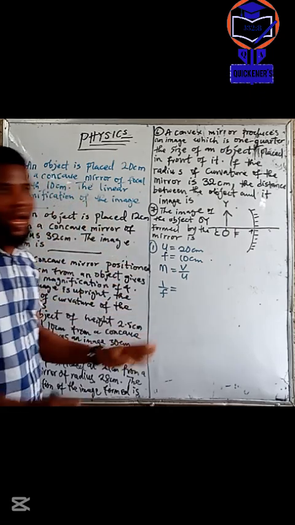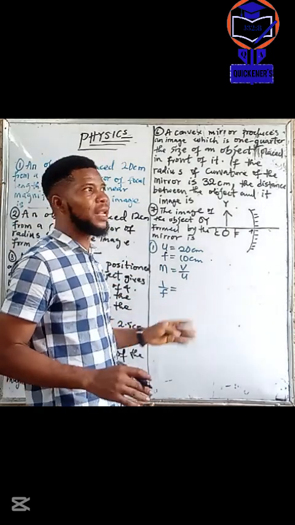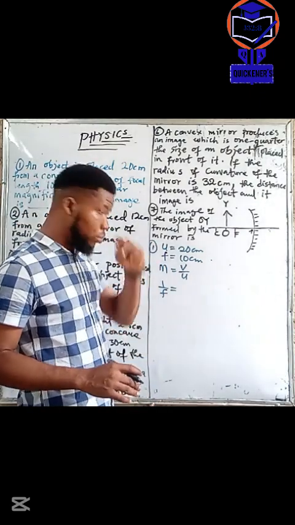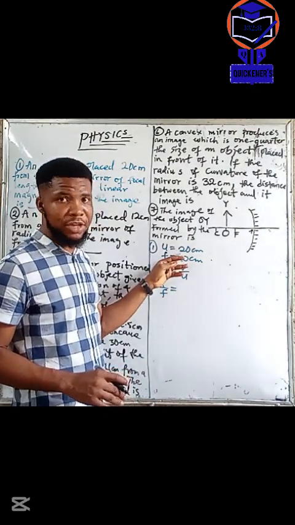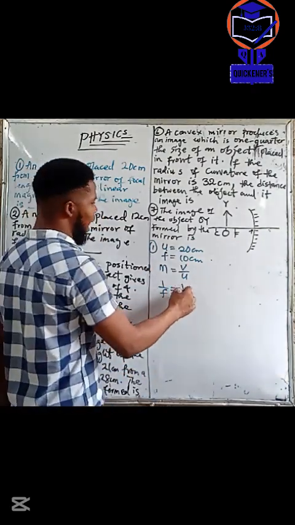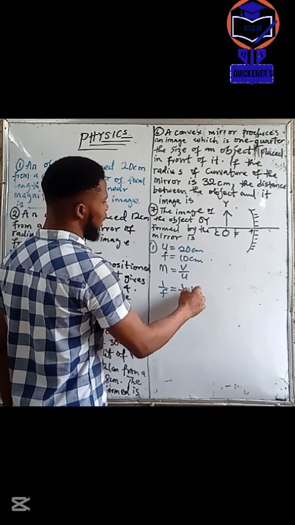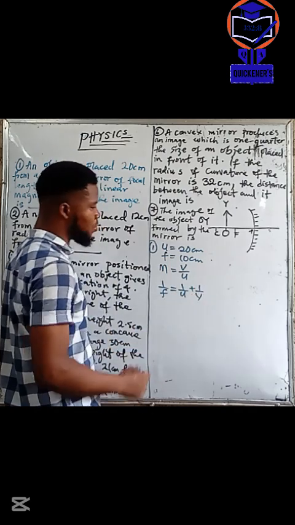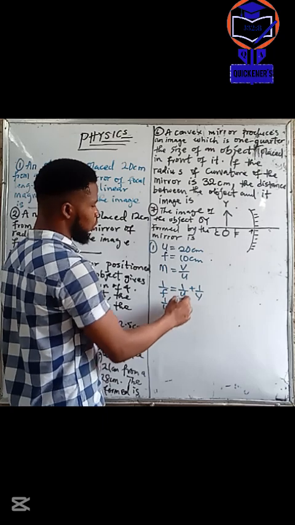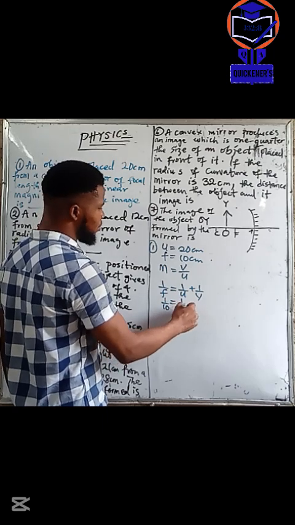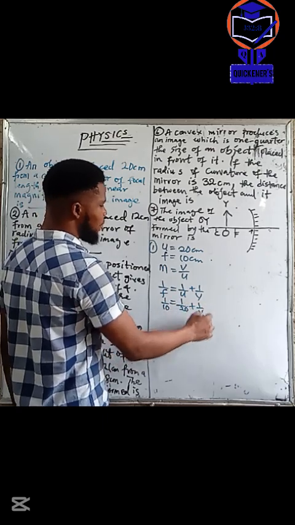Remember, for a concave mirror, everything is real, okay? The focal length is real, the image is real, depending on the position of the object. Are you getting it now? So 1 over f equals 1 over u plus 1 over v. So what do we have? 1 over 10 equals 1 over 20 plus 1 over v.